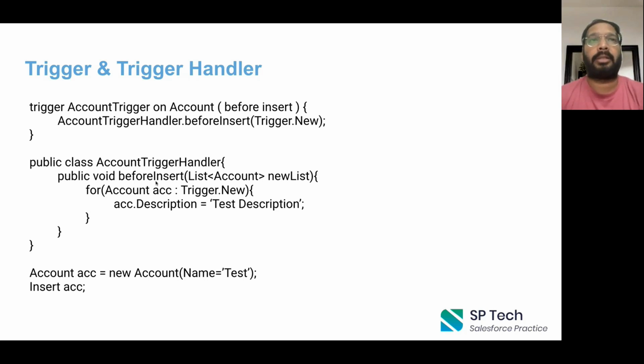Inside this class, we have a method beforeInsert, and inside that we have a loop iterating and updating the description. Okay, so this is the best practice. You won't be writing all the logic inside the trigger. In the trigger, you will be calling the method, and the method you can define separately in the handler.